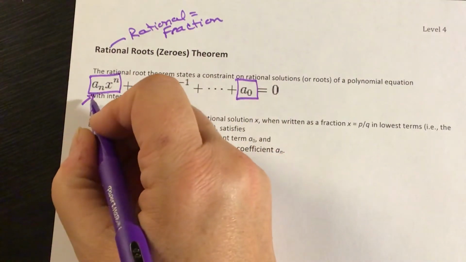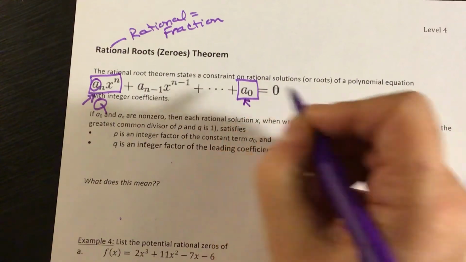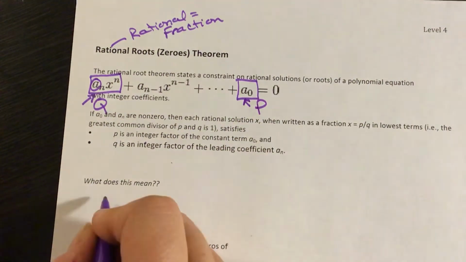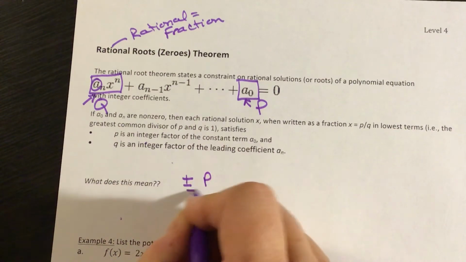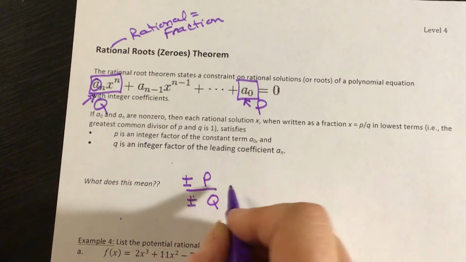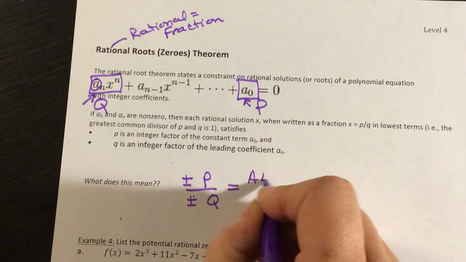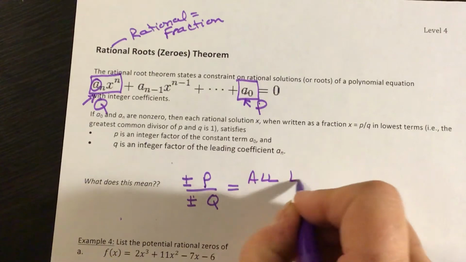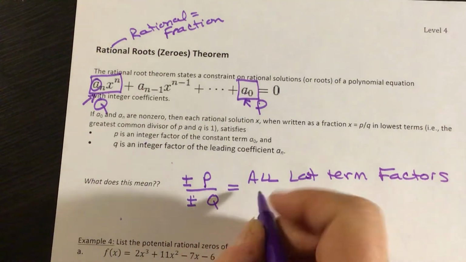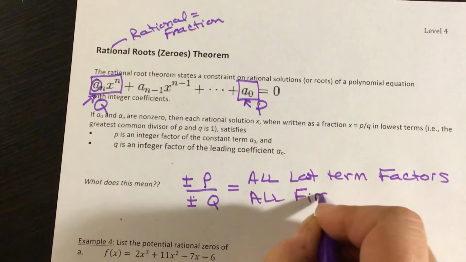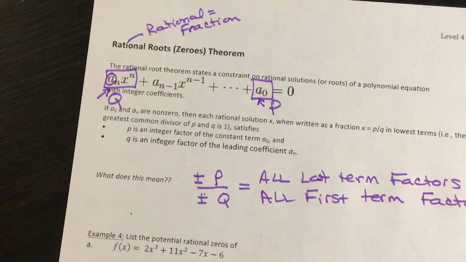This first term, I'm looking at the coefficient and I'm calling it Q, and this last term, the coefficient is P. And I'm going to take all of the factors of P and divide it by all of the factors of Q. So P is the last term factors, and Q is first term factors. And we're going to make as many matches from them as we can.